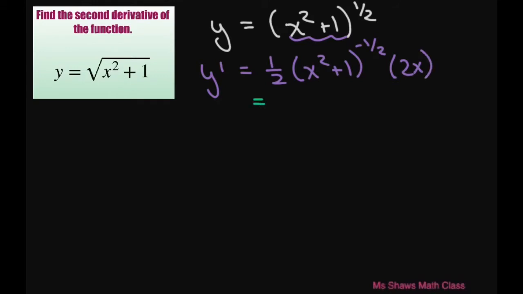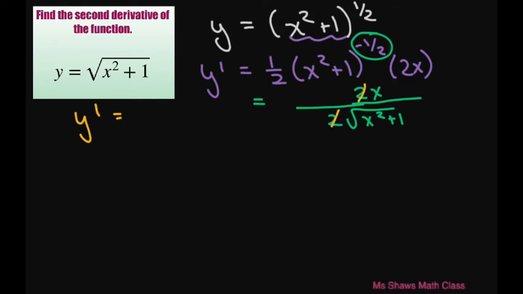This is going to simplify to the 2 in the denominator, and then this pulls it into the denominator, so that's the square root of x squared plus 1, and then we have the 2x in the numerator. So what happens is this cancels out, so we get y prime equals x divided by the square root of x squared plus 1. Now, the second derivative just means we're going to differentiate this.